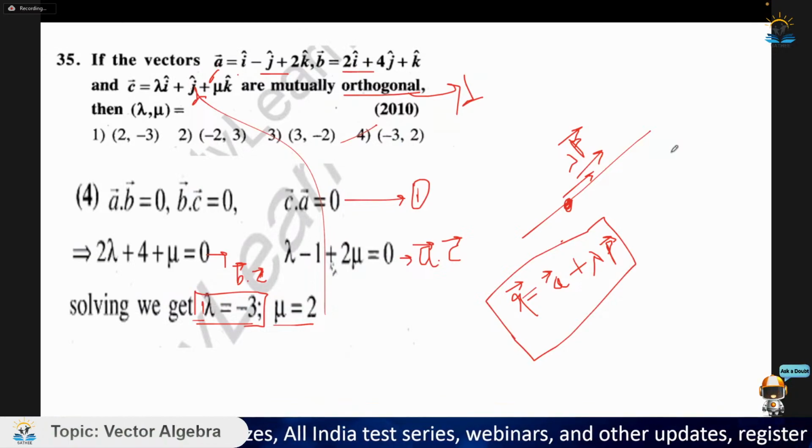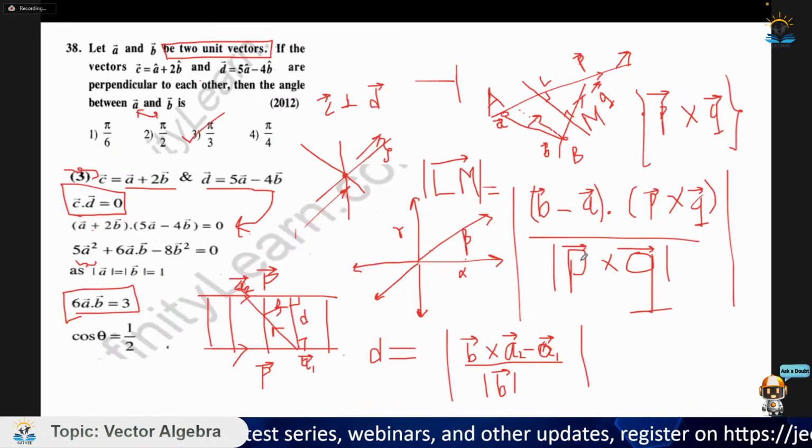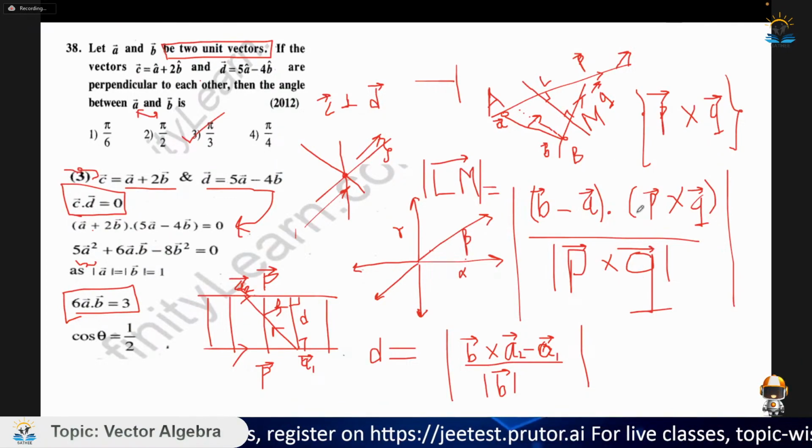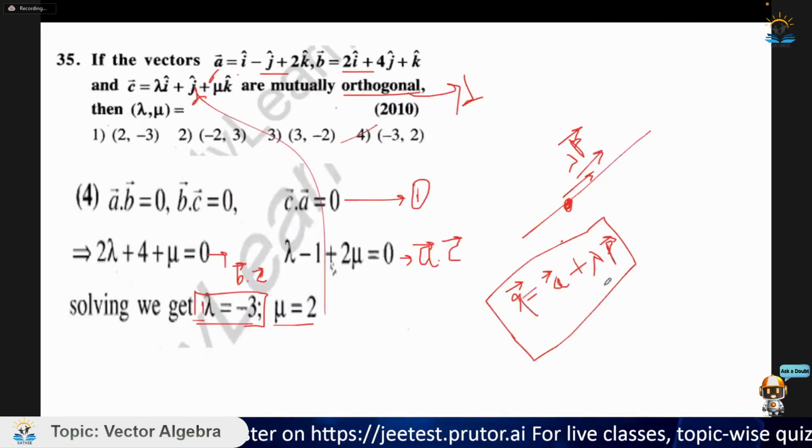And for this formula, it is better to draw two lines, take the position, and write the formula as the projection. Don't remember this, because you will always make mistakes if you memorize it.